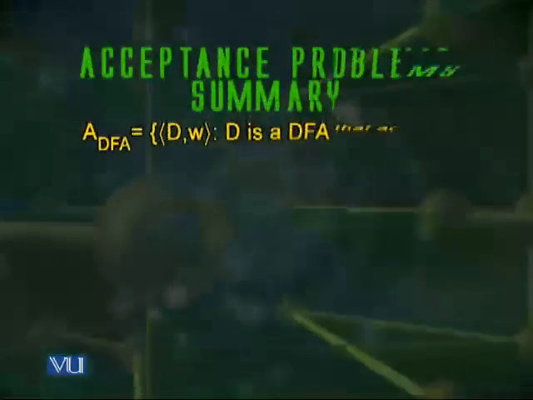Well, in this course, we have looked at the acceptance problem for many other models of computation. For example, we looked at the acceptance problem for DFAs. We looked at the acceptance problem for linear bounded automata now. We looked at the generation problem for context-free grammars. We looked at the generation problem for regular languages. So let's look at the summary of what we have done so far.